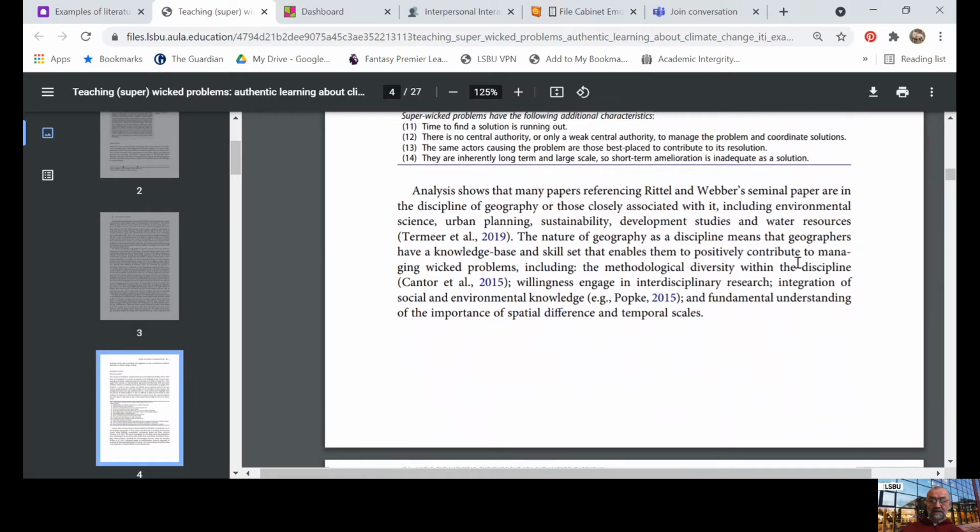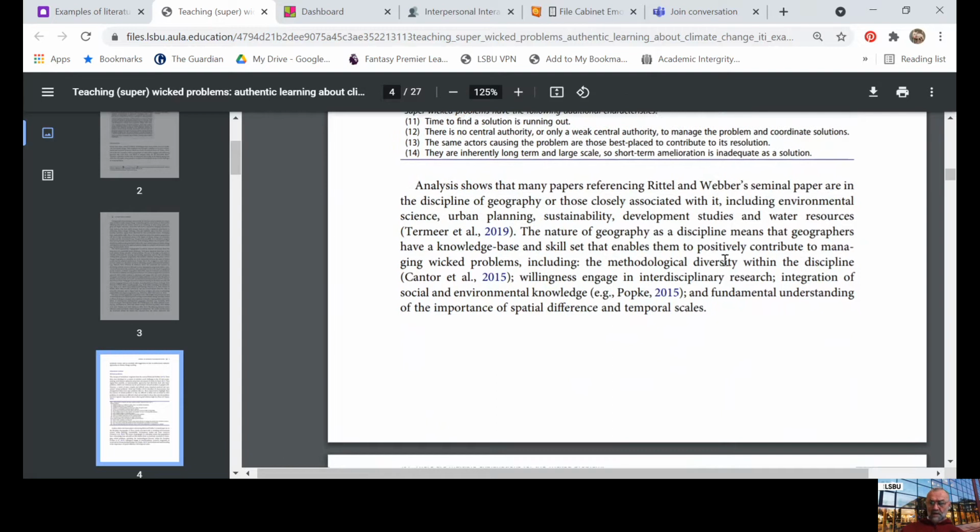Let's look at another paragraph here. So let's look at this particular sentence here, quite a long sentence. Analysis shows that many papers referencing Rittel and Weber's seminal paper are in the discipline of geography or those closely associated with it, including environmental science, urban planning, sustainability, development studies, and water resources.